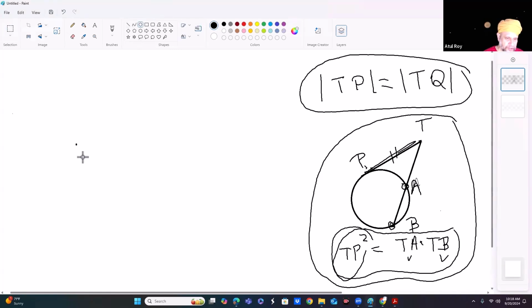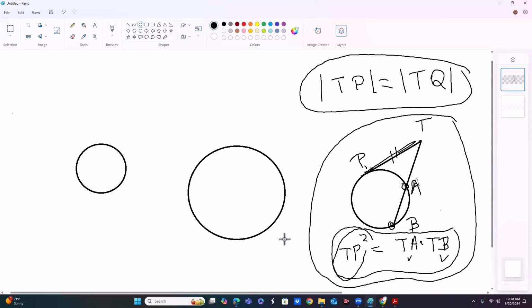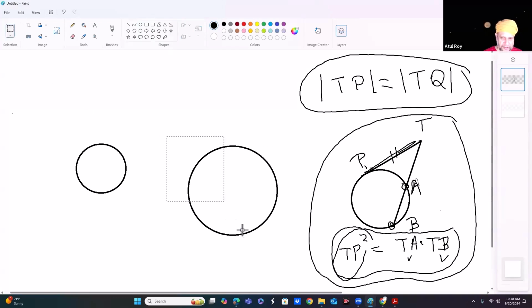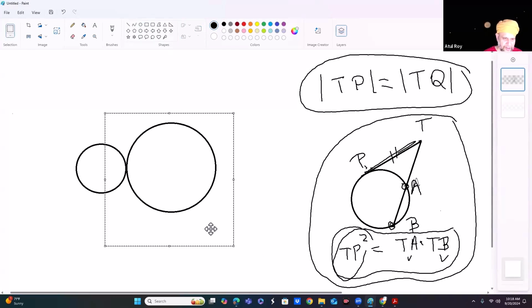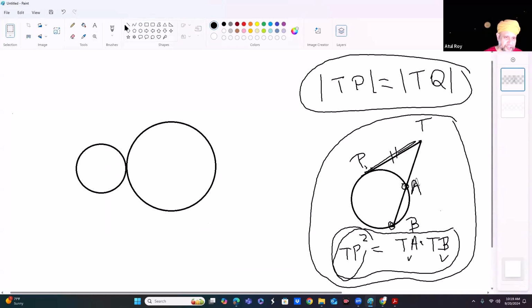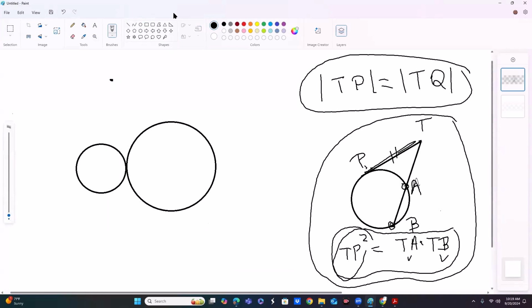So what the question is this, that I got a circle, right? And then this is another circle. So they have a common point of tangency. All right. And here is a point P.